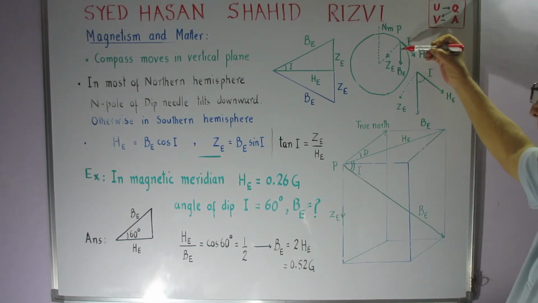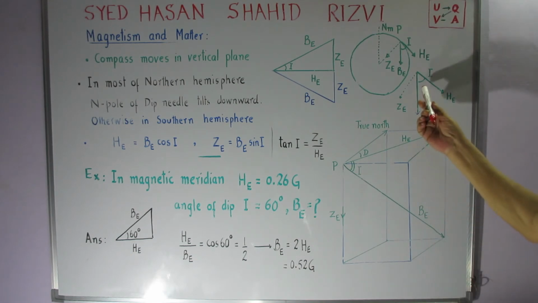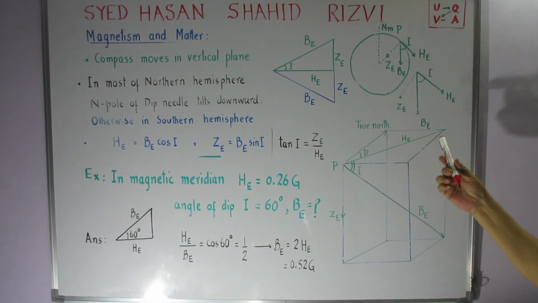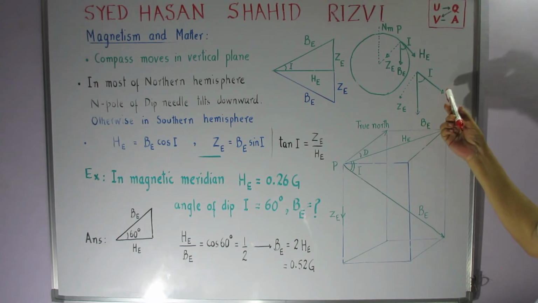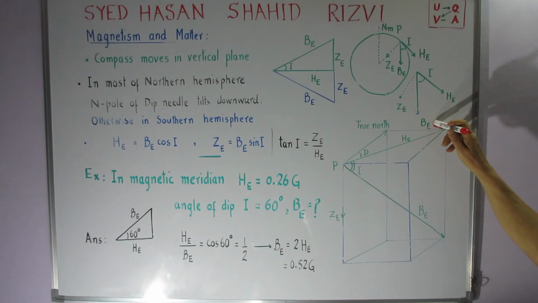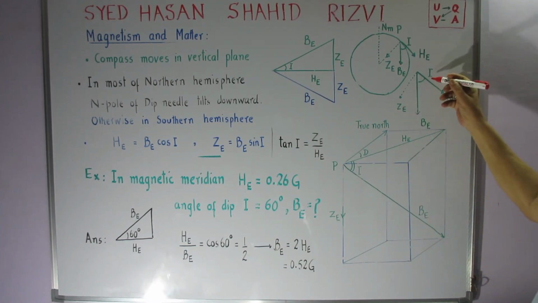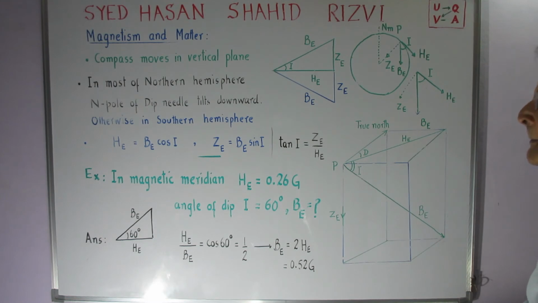This angle is the angle I, which I have just blown up a little over here, where this is B, and this is HE, and this is ZE, the Earth's magnetic field, the horizontal component and the vertical component, and this is the angle I which has been taken over here, right.